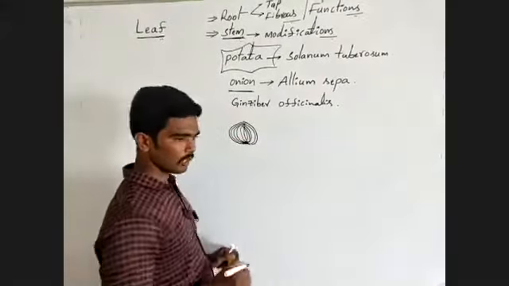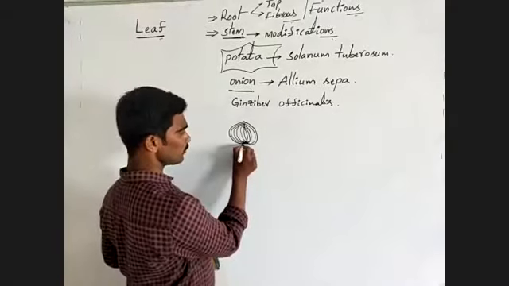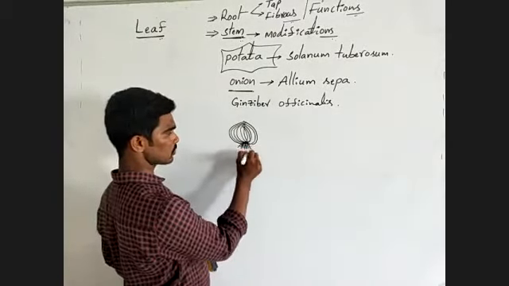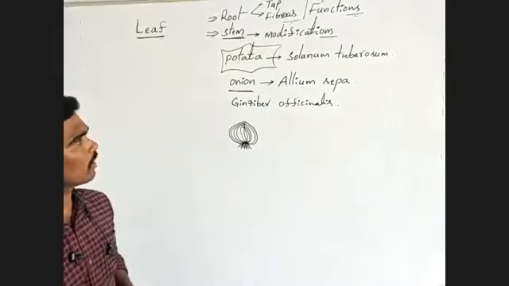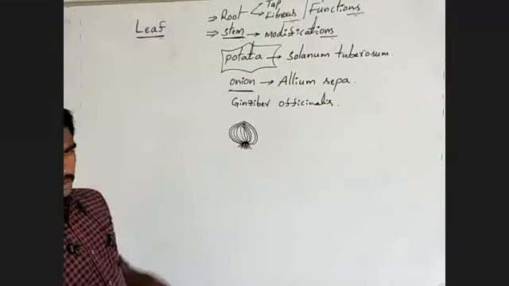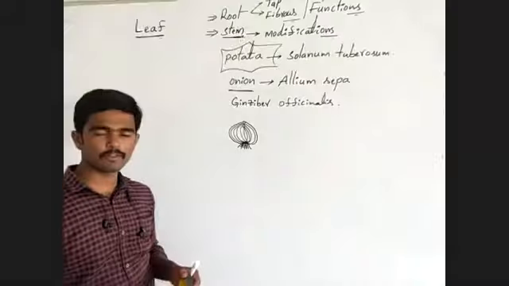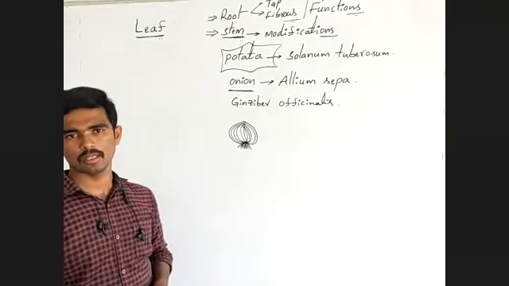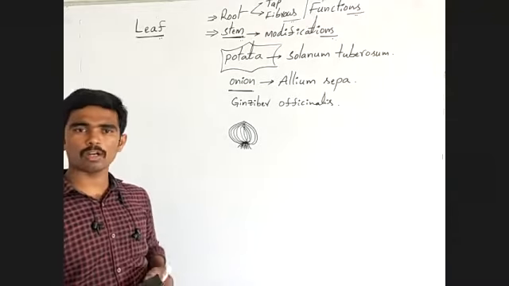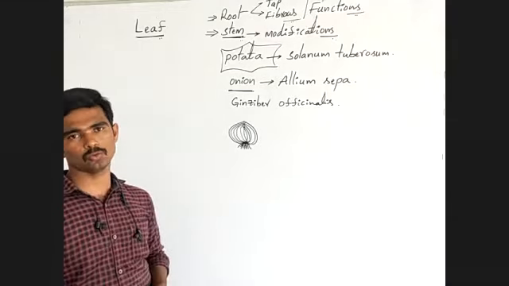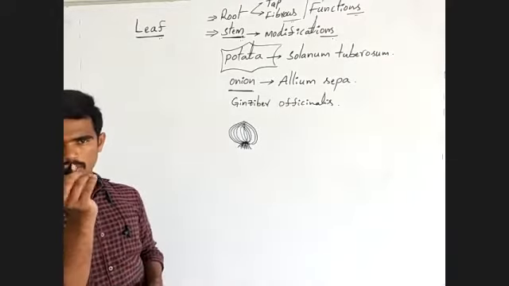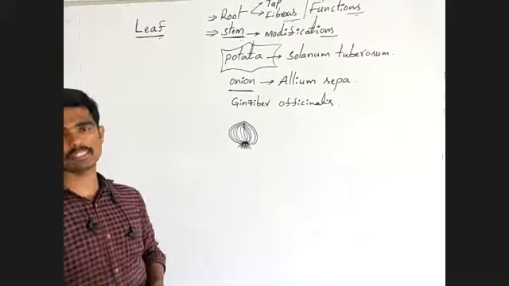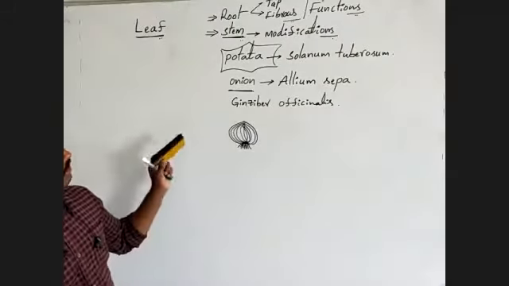From the stem, adventitious roots are developed into the soil. In some plants, stems are modified into corms. In some plants, these are modified into spines, small pointed end spines like this.